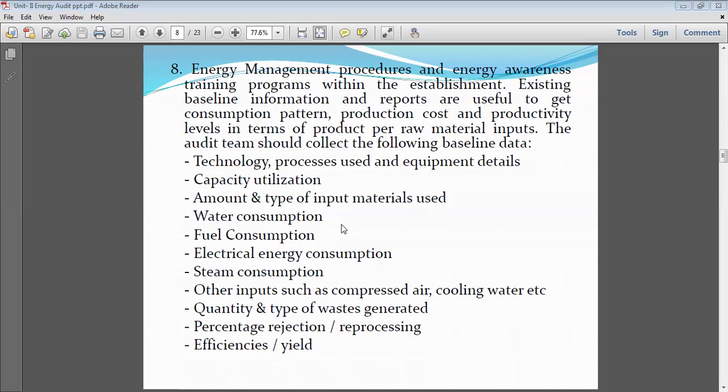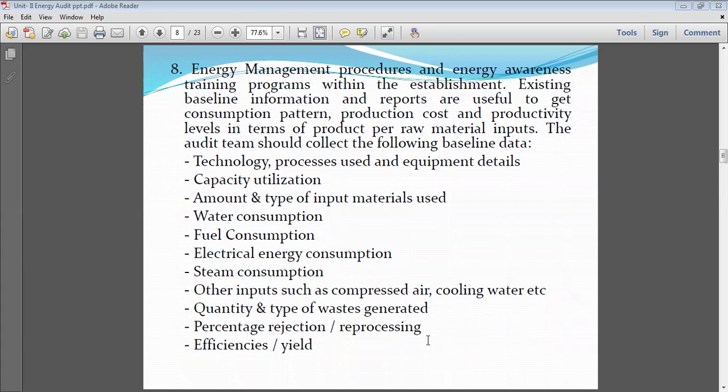What is the water consumption? The baseline, you have to identify. Fuel consumption. What is the fuel? Different types of fuel. Electricity, energy consumption. What is the total energy consumption in detail? Steam consumption. Other inputs such as compressed air, cooled water, etc. Quantity and type of waste generated, isn't it? So this is the baseline which we have to collect.